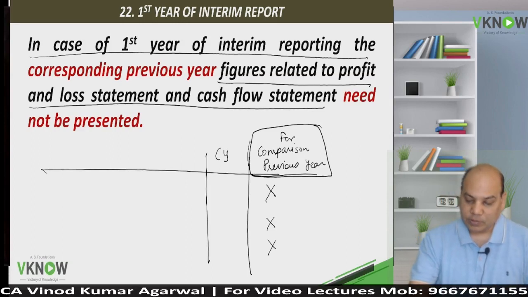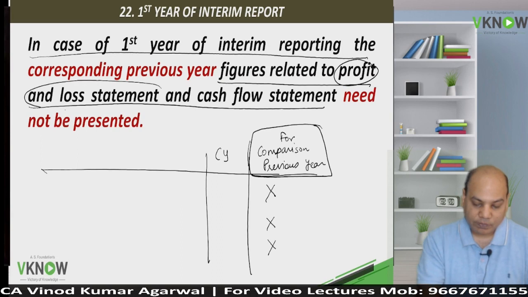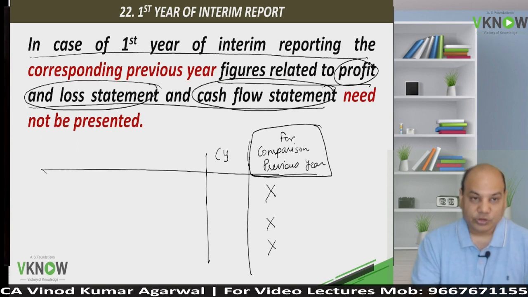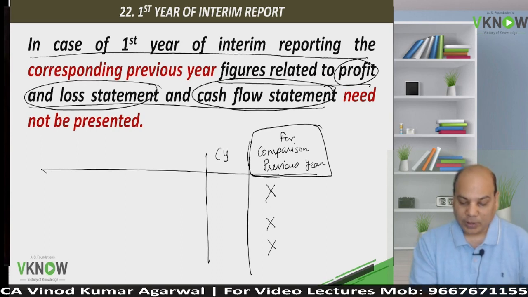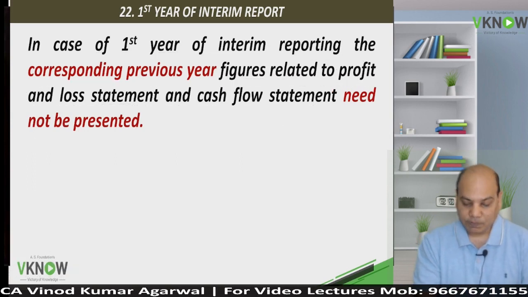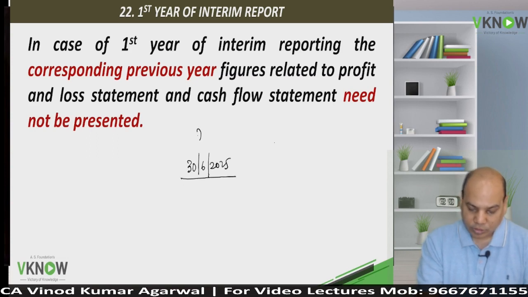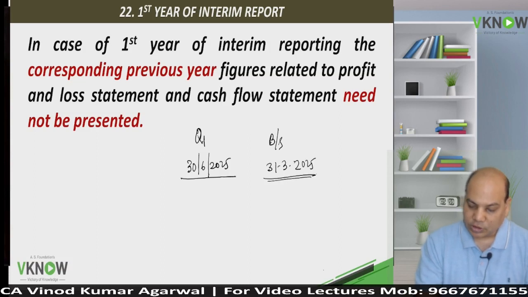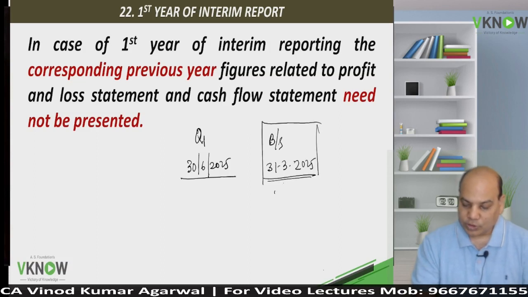So which two statements' comparatives are not required? P&L account and cash flow statement. But you can give the balance sheet of the immediately preceding previous year. So if my interim period is the quarter ended 30th June, the first quarter, I can give the balance sheet of 31st March 2025 because this balance sheet is already ready. It was prepared for annual reporting purposes.